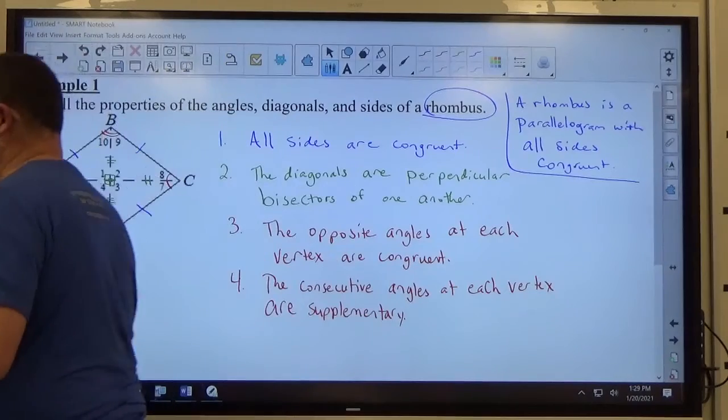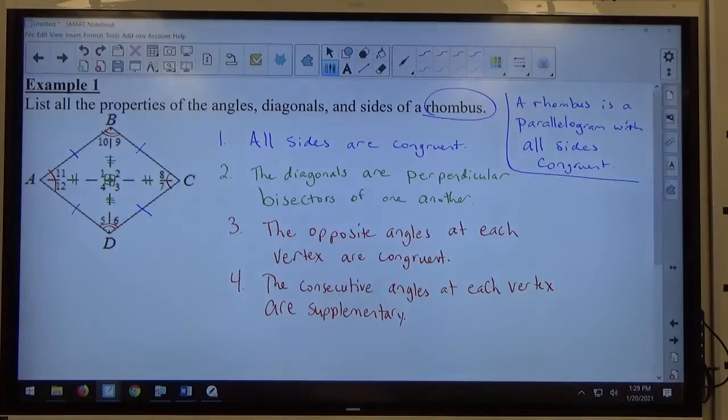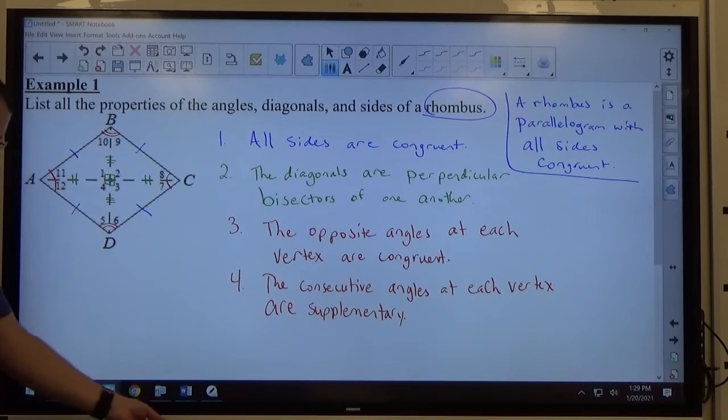Just like all these other properties we've dealt with, these allow us to write equations. If you're given two opposite angles, one equals the other. If you're given two pieces of a diagonal, the same diagonal, one equals the other. If you're given two consecutive angles, one plus the other equals 180. So again, we're applying the properties to create equations based on the objects in the picture.